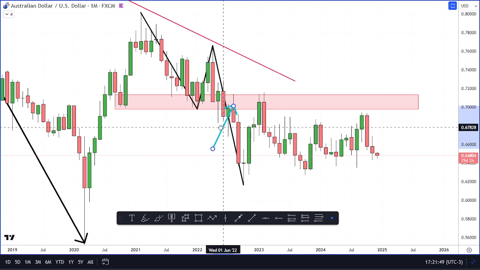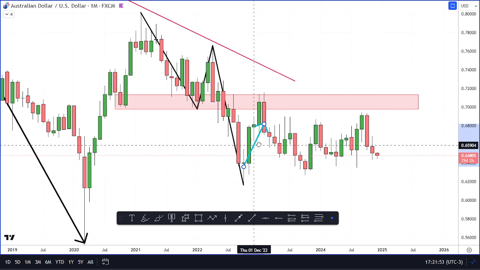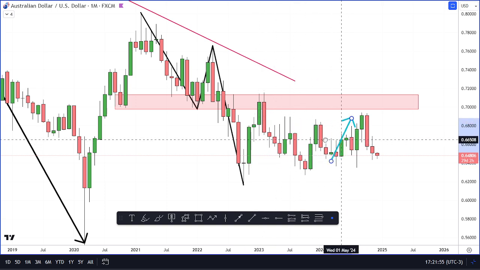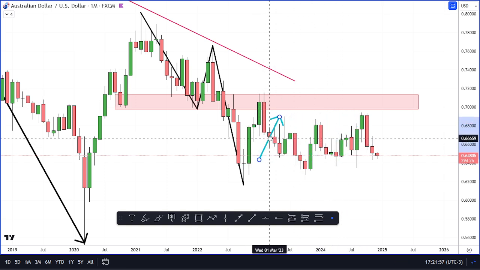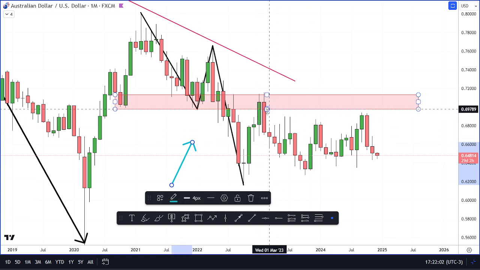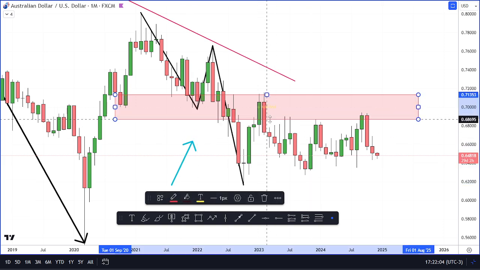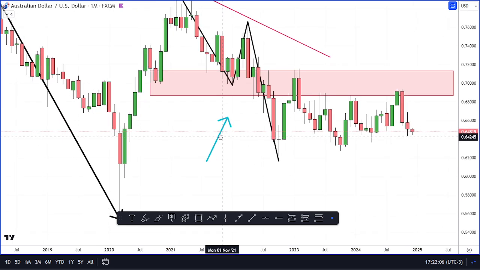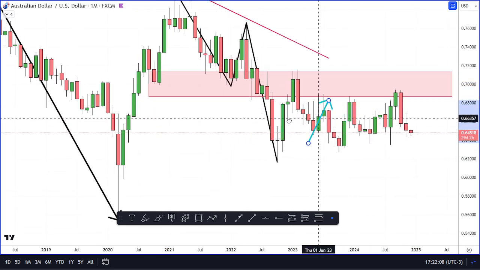First it was here, got rejected, and here it got rejected again, and now we are here where we have multiple resistance areas, because it is an area, like I always say. The market got rejected at all these levels.